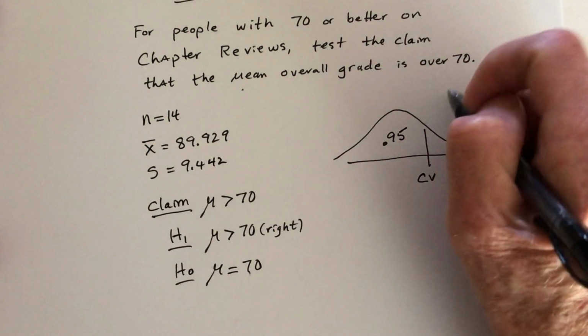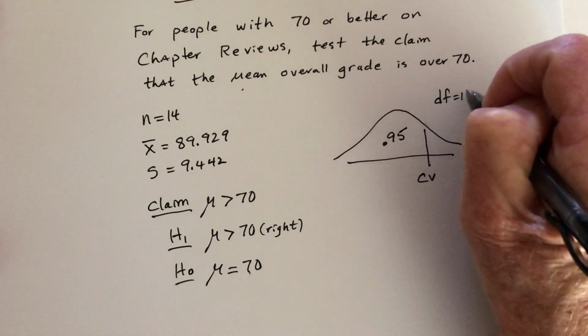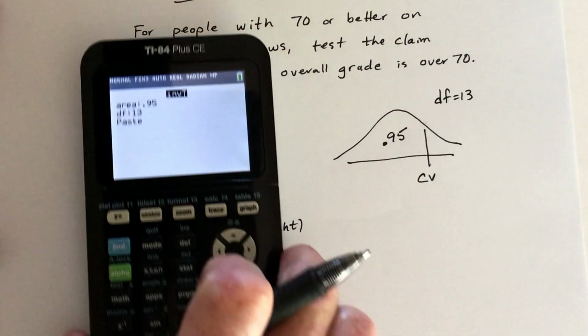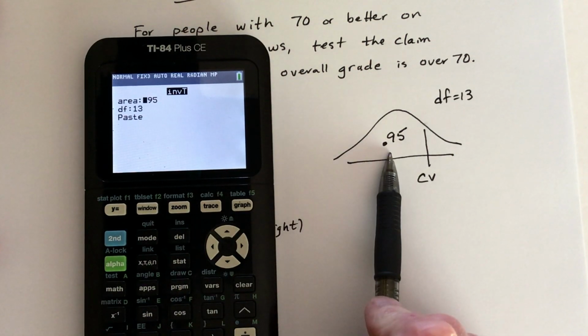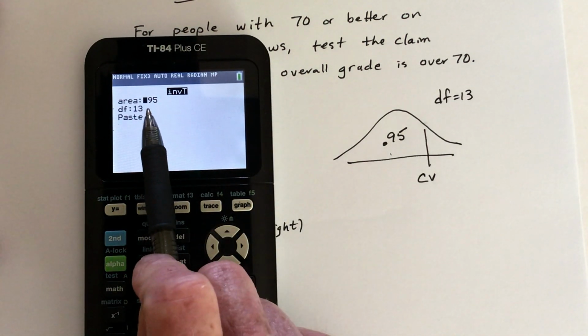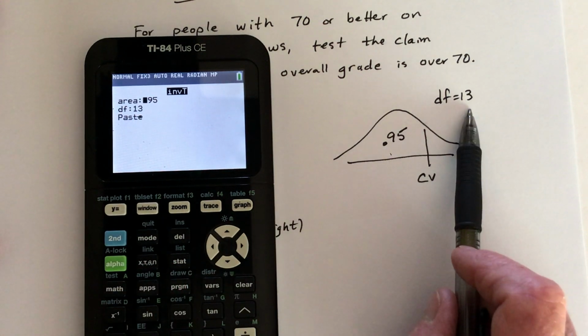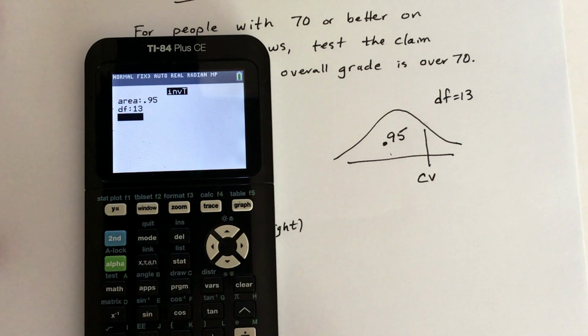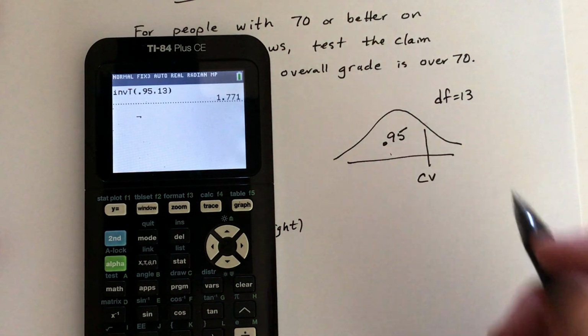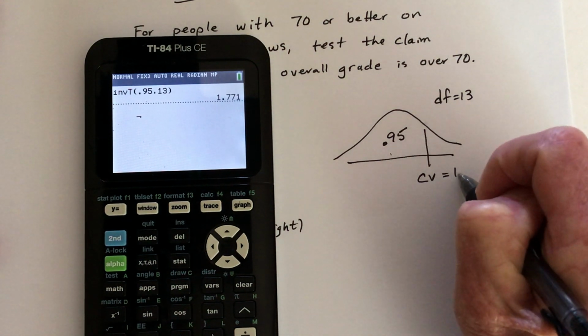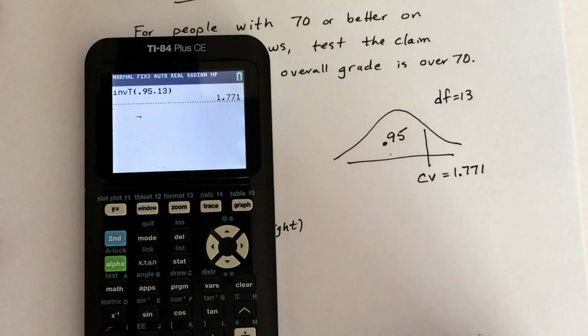So 14 minus 1 means degrees of freedom equals 13. So I would then say the area is 0.95, degrees of freedom is 13, and then paste. And it says the critical value equals 1.771.